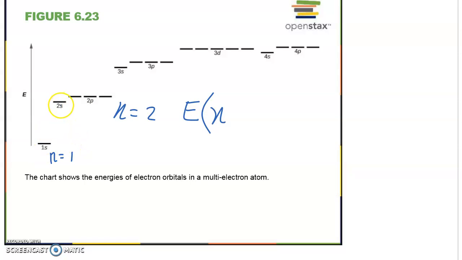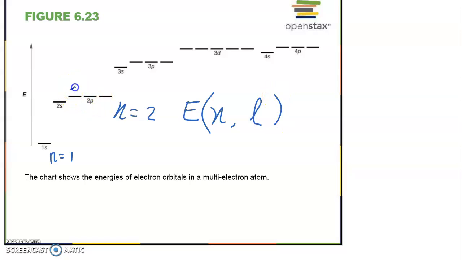Okay, see, 1s is different from 2s. The second thing is the angular momentum. That means even if it is the same n, the same principal energy level, in this case equal to 2, 2s and 2p are different. So it also depends on the angular momentum L. And that's it, and nothing else.